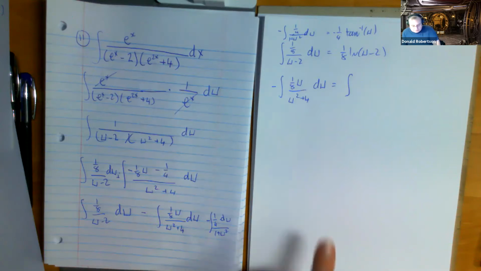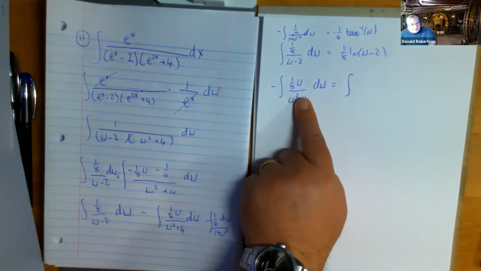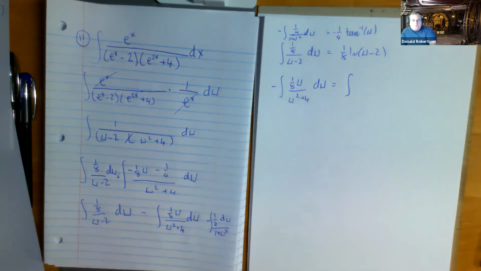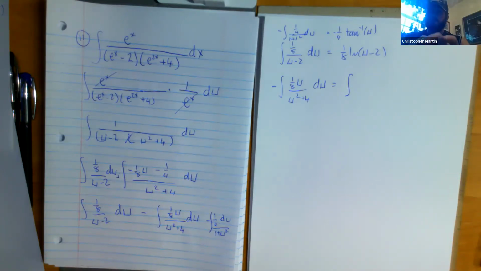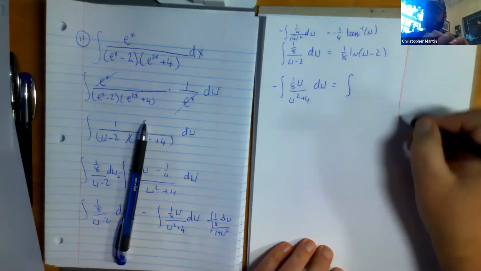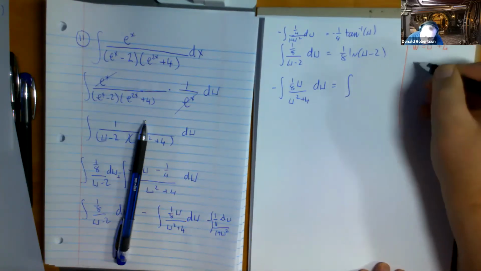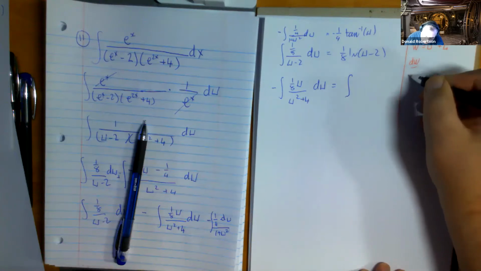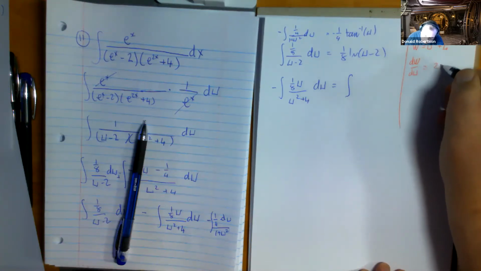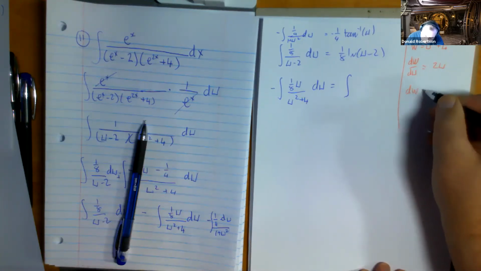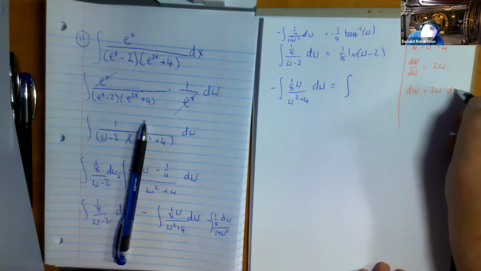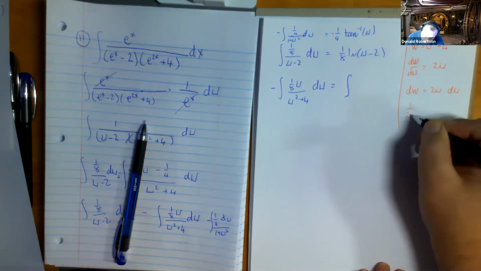What method am I going to use to find this guy's integral? A W sub? Yeah. I'm going to use u squared plus 4. So when you differentiate with u, when you do the crossover, and then you isolate.